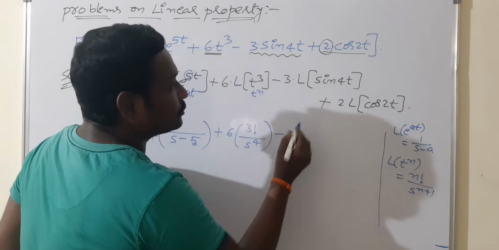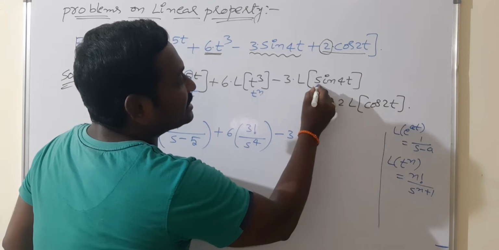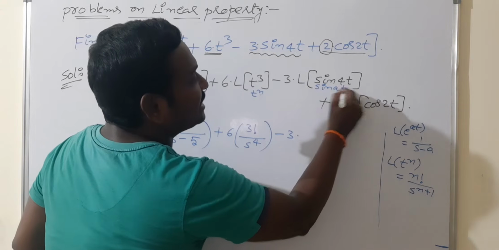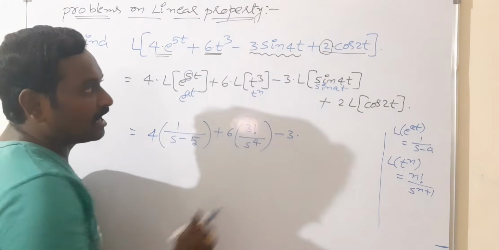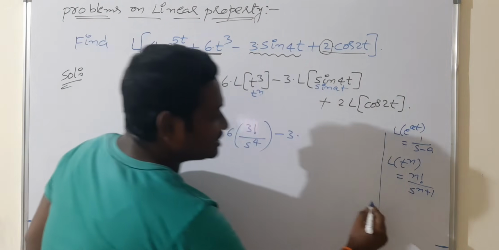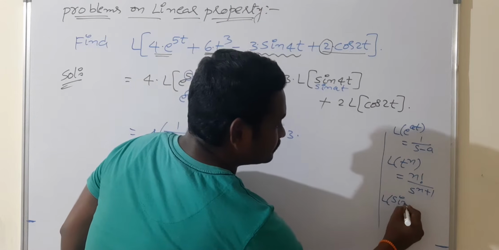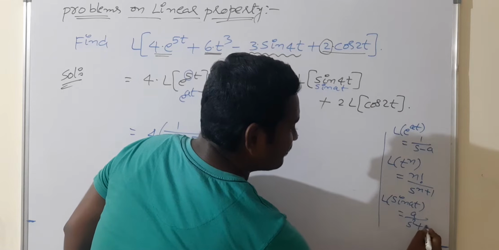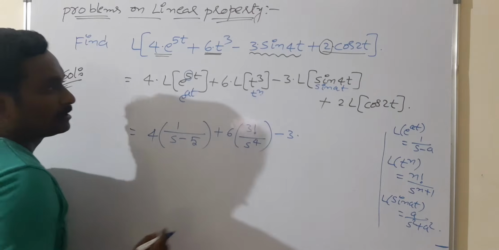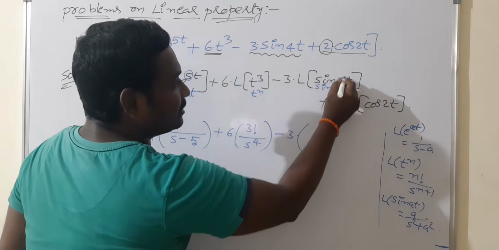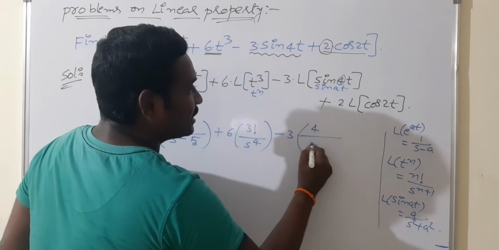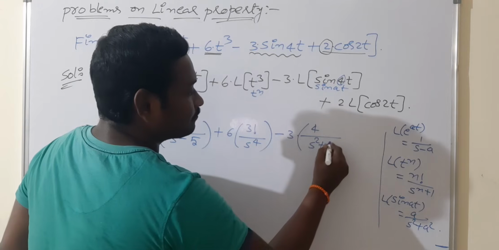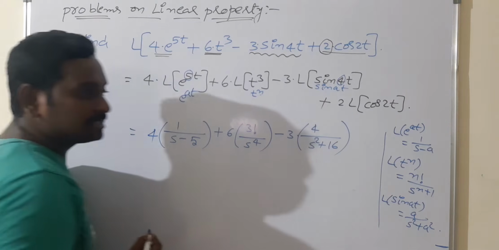Minus 3 into. Now again the inside function is in the form of sin at, L of sin at. What is L of sin at? L of sin at is equal to a by s square plus a square. That's why you will get, what is the a value? 4. So 4 by s square plus 4 square, which is 16.